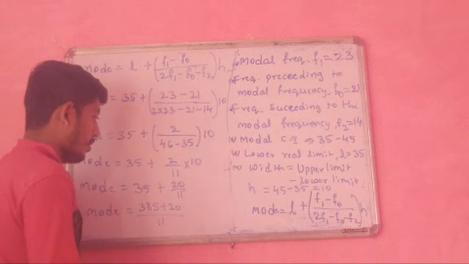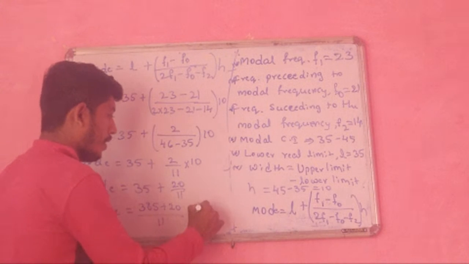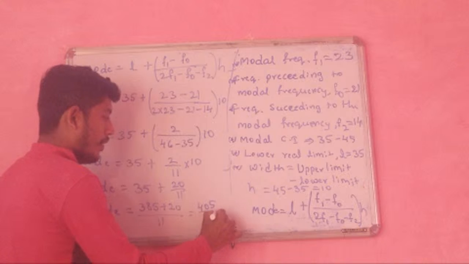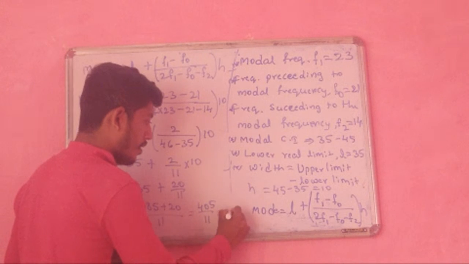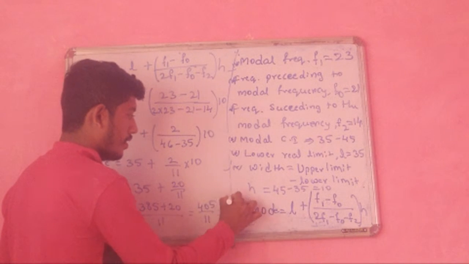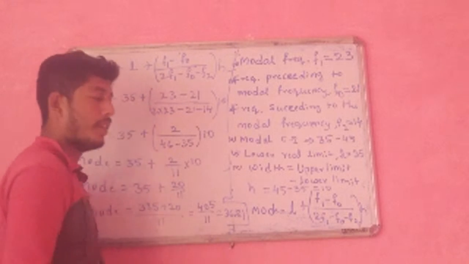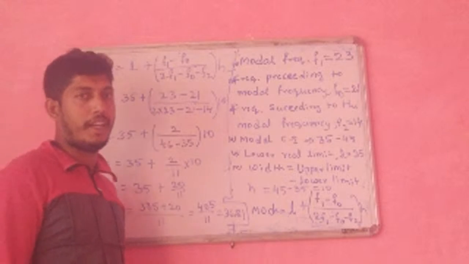Okay, so it gives the answer as 385 plus 20 is 405. 405 divided by 11 gives the answer as 36.81. Therefore, the mode of the class interval is 36.81.